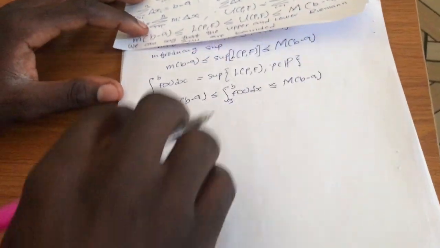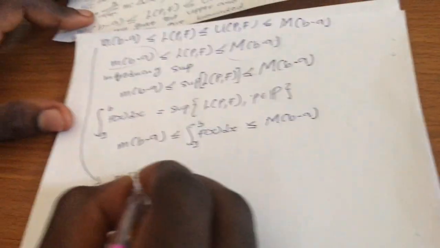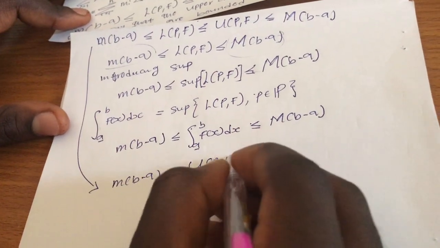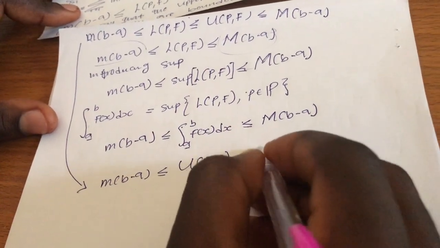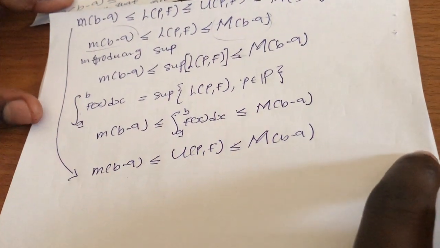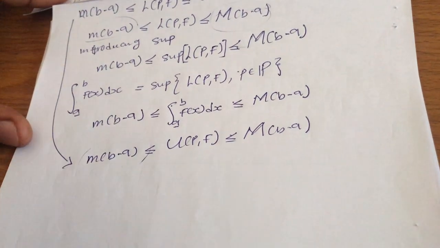Now look here too. Let's pick from this side. I can drag to this point whereby we can pick M(b minus a) greater or equal to U(P, f), that is the upper Riemann sum. Introducing infimum. Now, if we put the infimum of a constant, it is a constant.